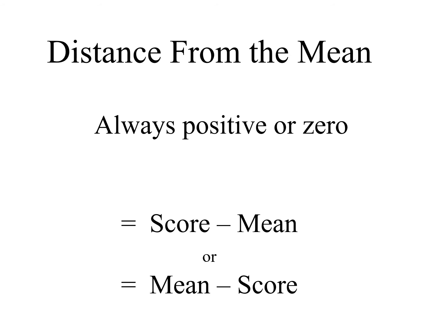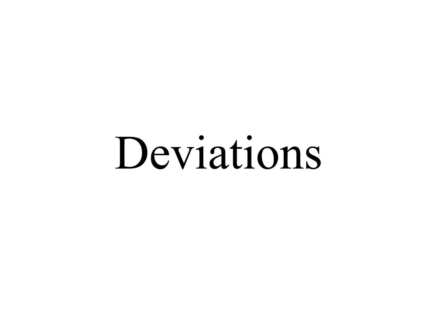So to calculate a score's distance from the mean, we either subtract the mean from the score, or we do the opposite and subtract the score from the mean, whichever gives a positive number. If we do the subtraction and get a negative number, we know we've made a mistake. Now we're ready to go on to the next topic, which is deviations.